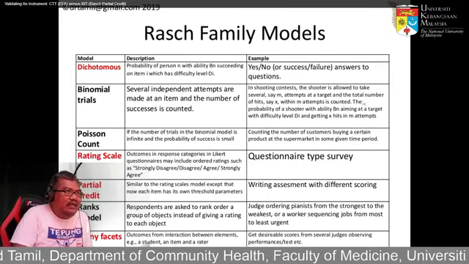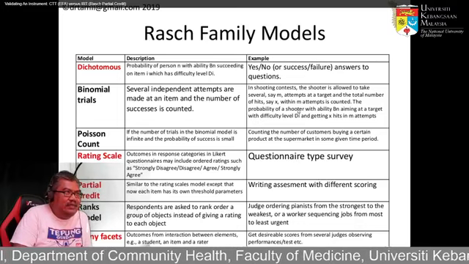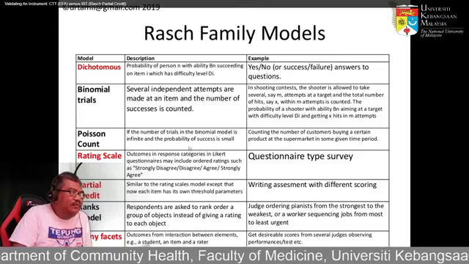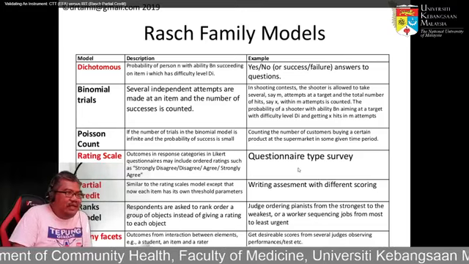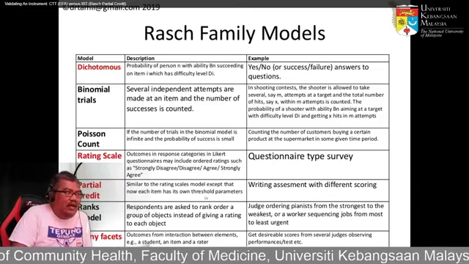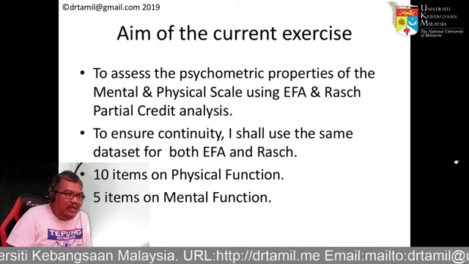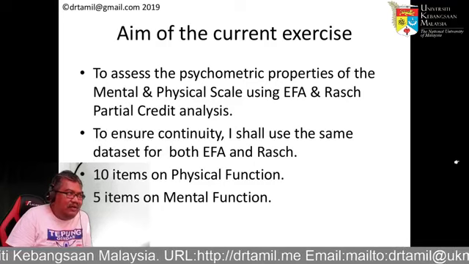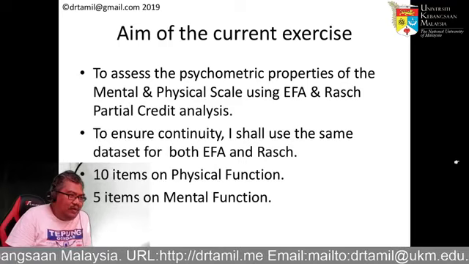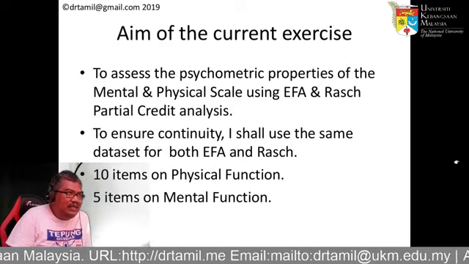Okay, these are the explanations on which one to use for which analysis. As mentioned, dichotomous is for yes or no, or success or failure. Okay, rating scale is for questionnaire type surveys with a Likert scale. Okay, for this exercise, I'm teaching you all so that you understand enough about validation of instruments, so that when you have your project for SKM next semester, you can do the appropriate analysis.